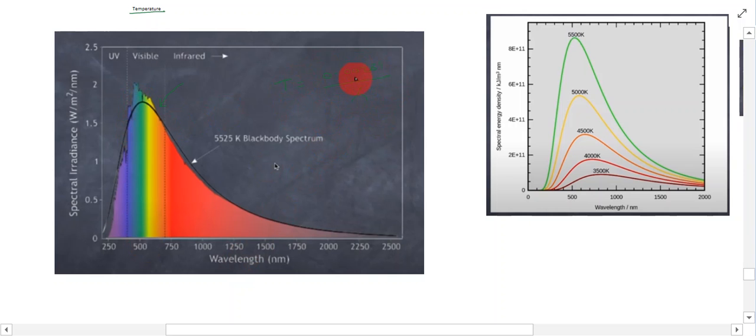So this is a formula that links the temperature with the particular wavelength of light being given off by a star, for example.